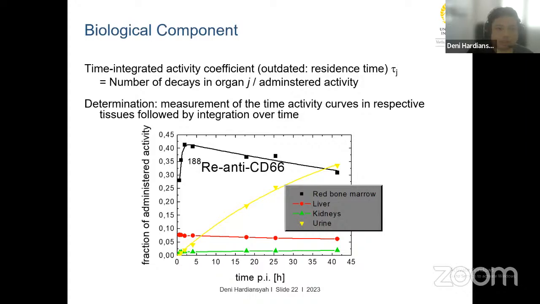This is why you hear the term theragnostic, right? Theragnostic means thera is the therapy, gnostic is the diagnostic. So it means that when we perform the therapy, we need to merge these two terms, the therapy and the diagnostic.